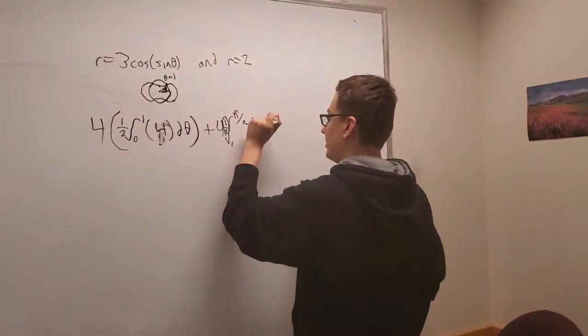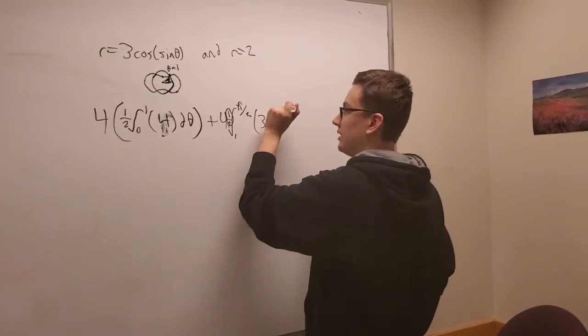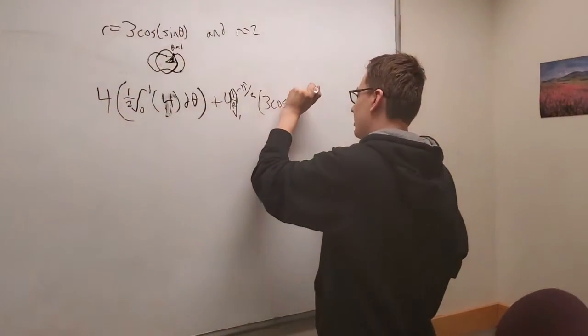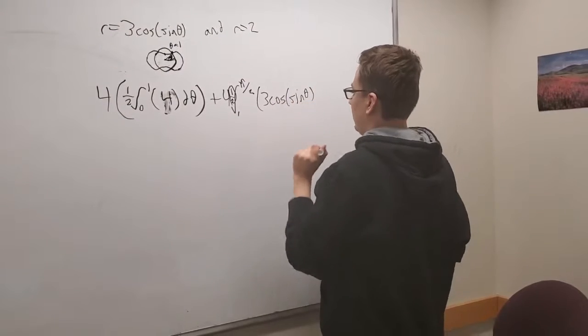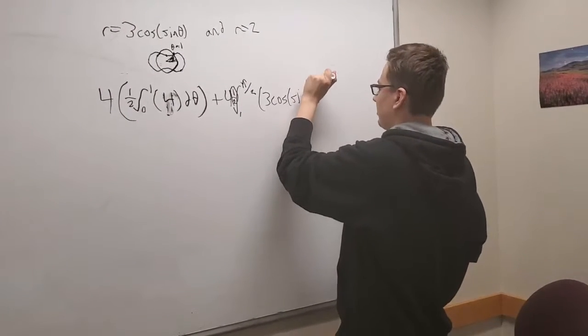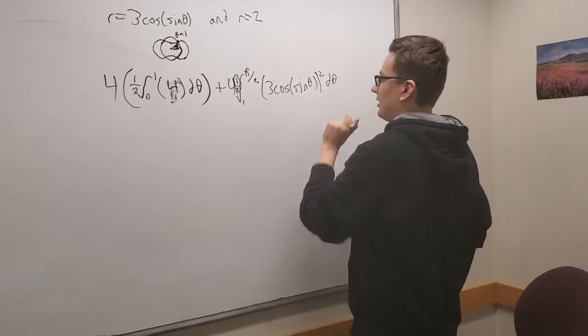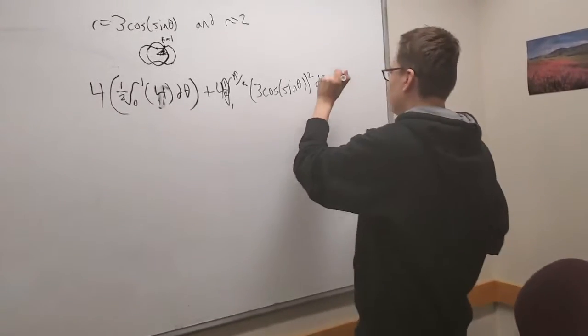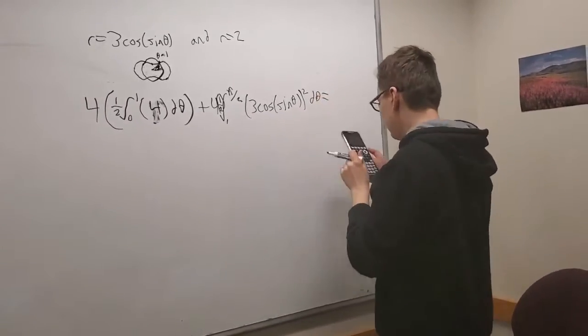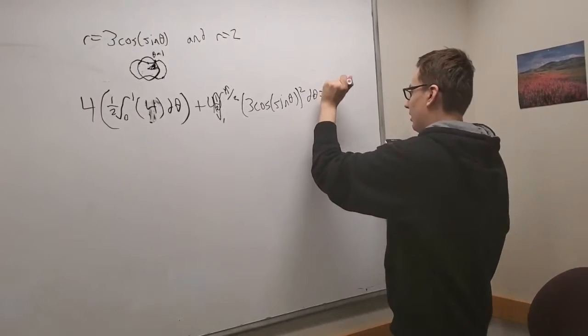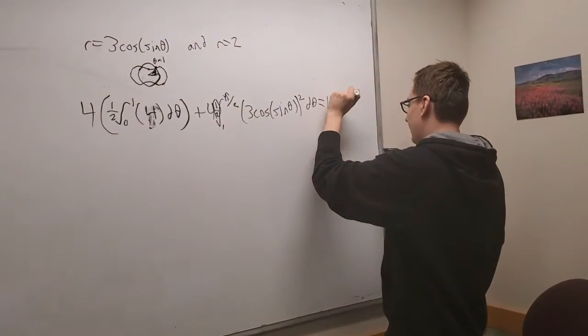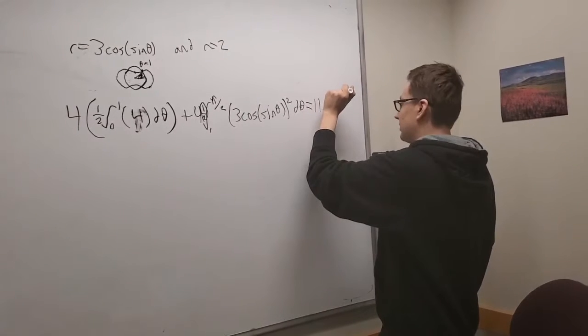So 3 cosine sine theta, and then you square it and put a d theta at the end, and you end up with 11.517.